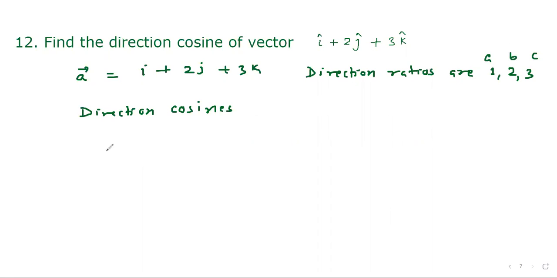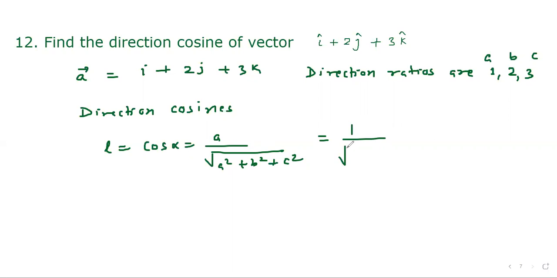So direction cosines are l or cos alpha, that is a upon root of a square plus b square plus c square. So a is the first value. This can be written as plus minus also, but I'm taking positive only. So 1 and then the sum of squares, 1 square plus 2 square plus 3 square. So it will become 1 upon root of 1 plus 4 plus 9, root 14.